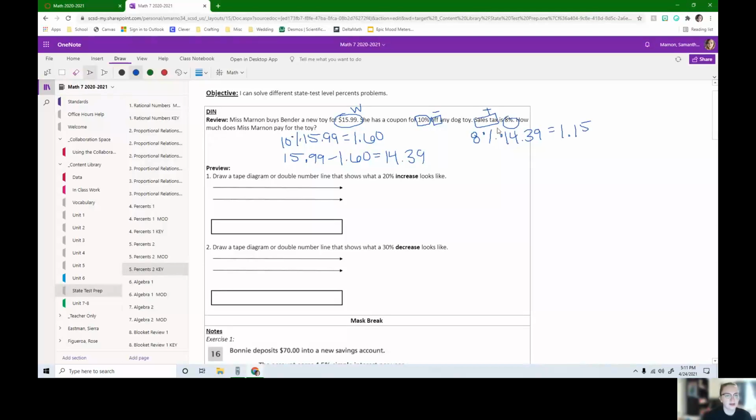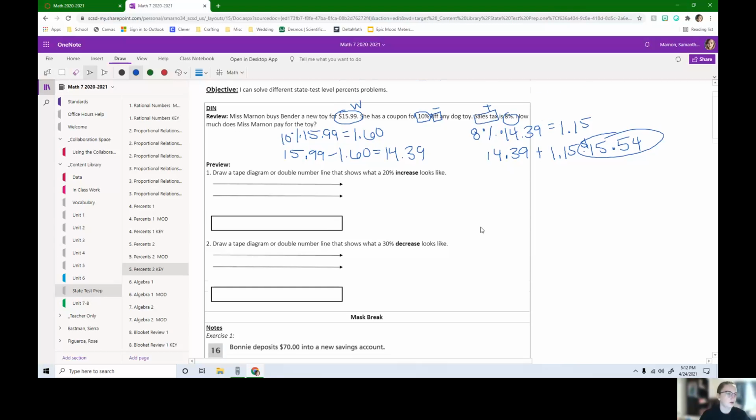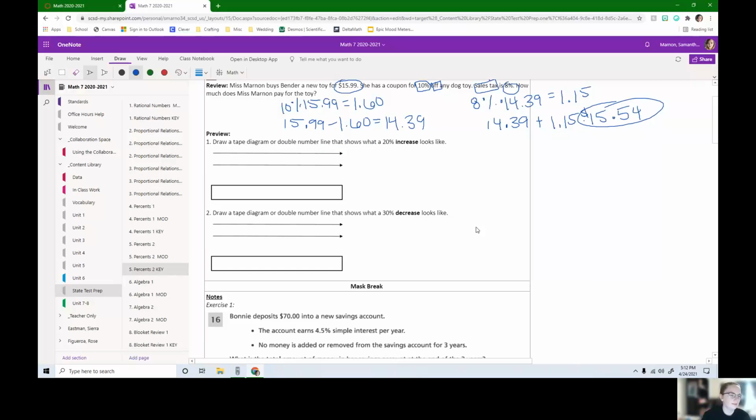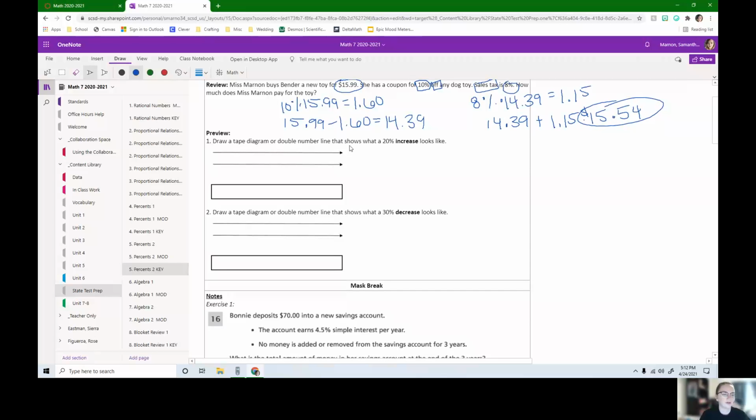Sales tax is added on, so we have to do 14.39 plus 1.15, and we're gonna get $15.54.